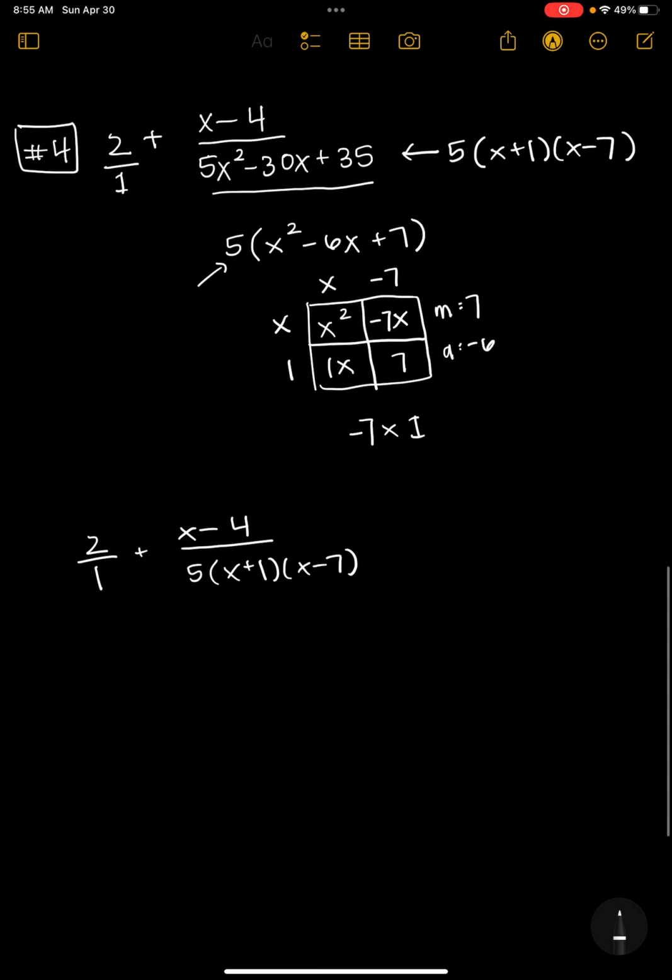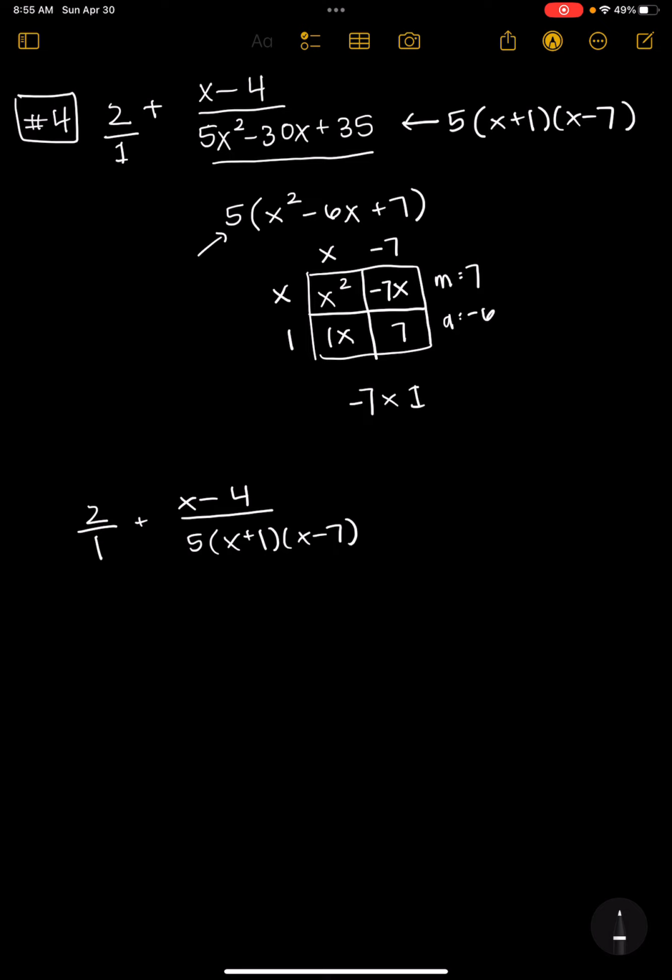Once again, we're going to have to deal with this common denominator situation. You need them to both have common denominators, which means that really all I'm going to do is multiply the left fraction by the denominator on the right fraction. The reason I only have to do that is because the left fraction has a denominator of 1, and 1 times anything is itself, so it doesn't change anything.